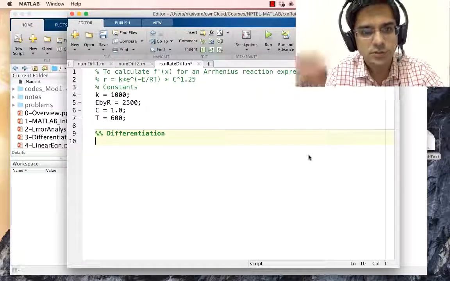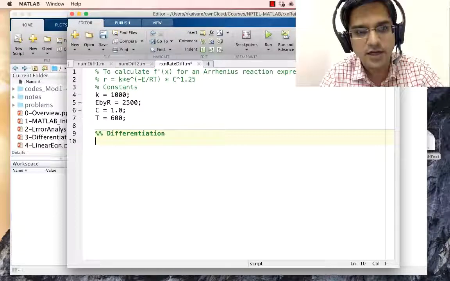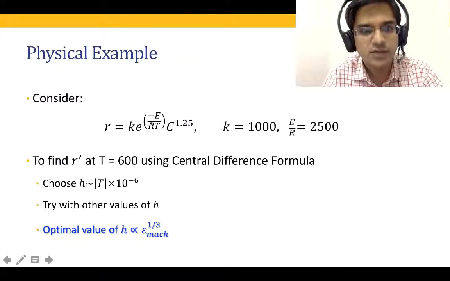Now the analytical derivative for this. Temperature is the thing that is varying. Because it's e to the power minus E by RT, the derivative is going to be E by RT squared multiplied by the rate R itself.